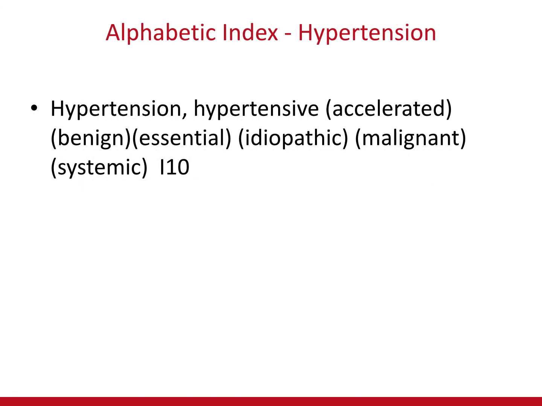And next, we have to look and find the code for hypertension. Back to the alphabetic index of ICD-10-CM, and you will find hypertension, hypertensive, accelerated, benign, essential, idiopathic, malignant, systemic, I10. All right, let's go to the tabular list and find I10.